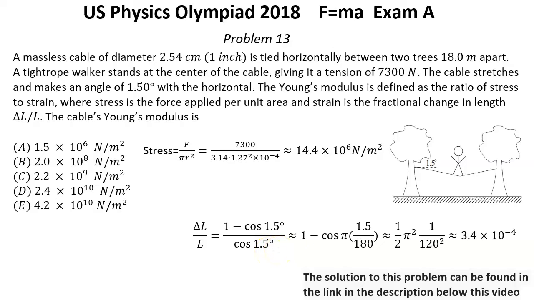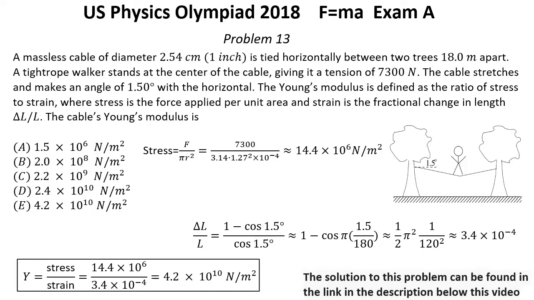For small angles that will be approximately this expression or this expression. And after putting in numbers we have this number. And the last step is to find Young's modulus, which is stress over strain. After putting in numbers we will get 4.2 times 10 to the power 10 newtons per square meter, which is answer E. That was a solution for problem number 13.